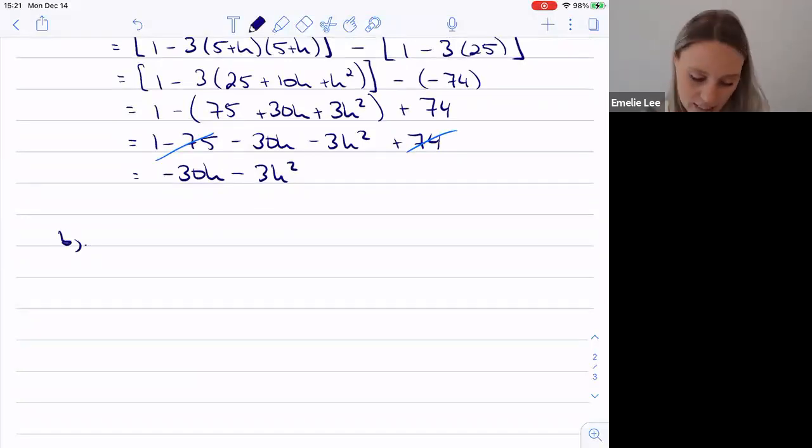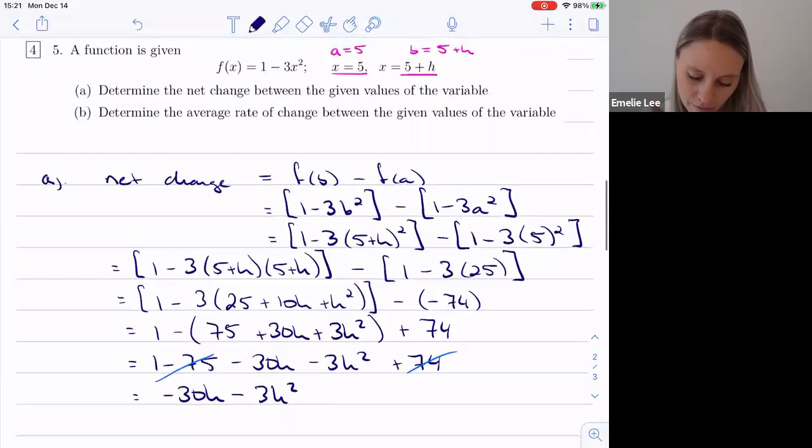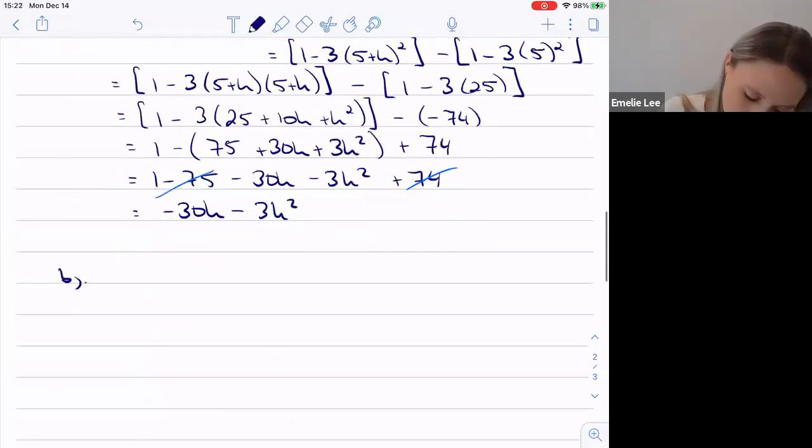Now, in part B, we want to find the average rate of change. The average rate of change is the net change over B minus A. Okay.